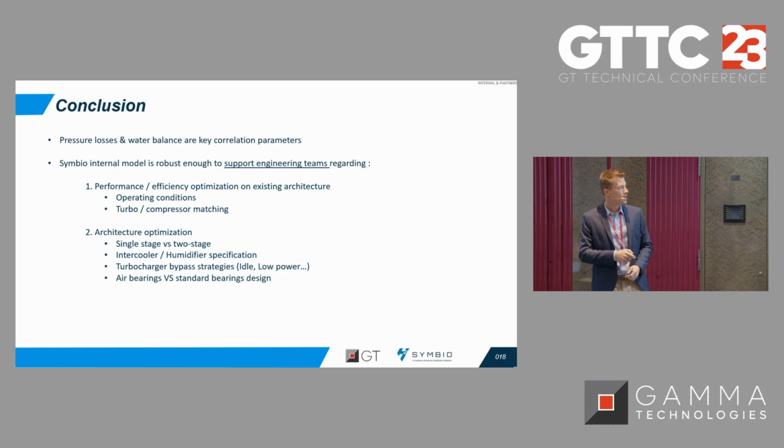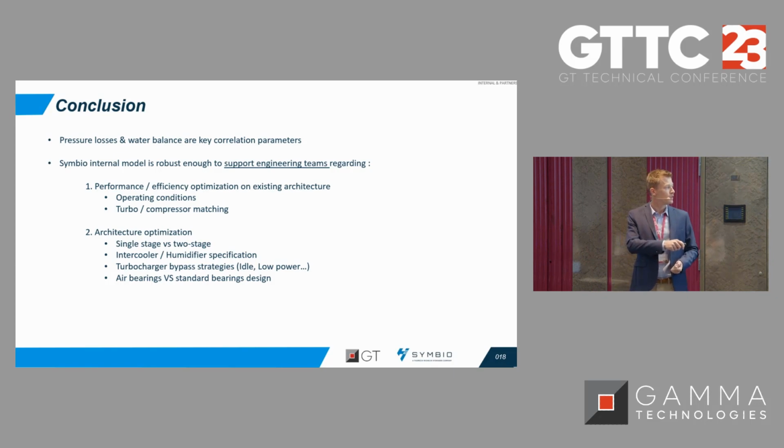And as a second step, we can run some architecture optimization. So I presented the matching before, but we can also imagine as a next step to evaluate single stage versus two stage. We can also specify components like the intercooler or the humidifier, depending on the performance and efficiency targets.